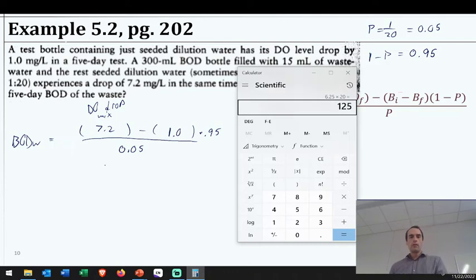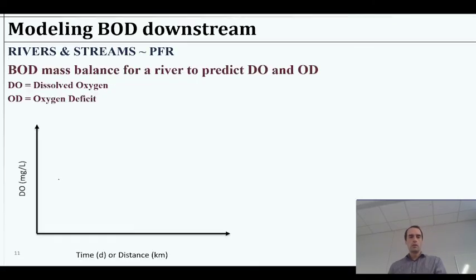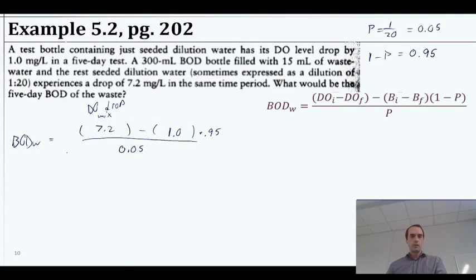So 125 milligrams per liter BOD in the 5 days. Okay. Does that make sense? Issues? All right.